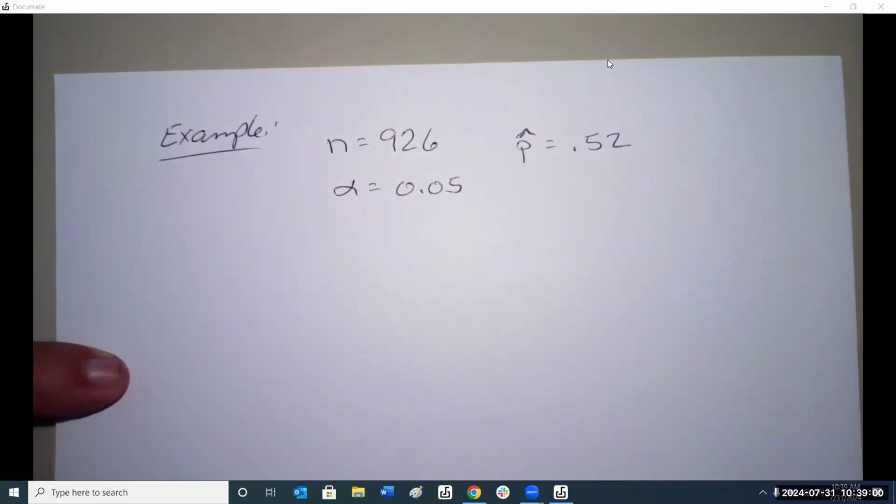Now, what is the Z? Do we use a Z or T score here?